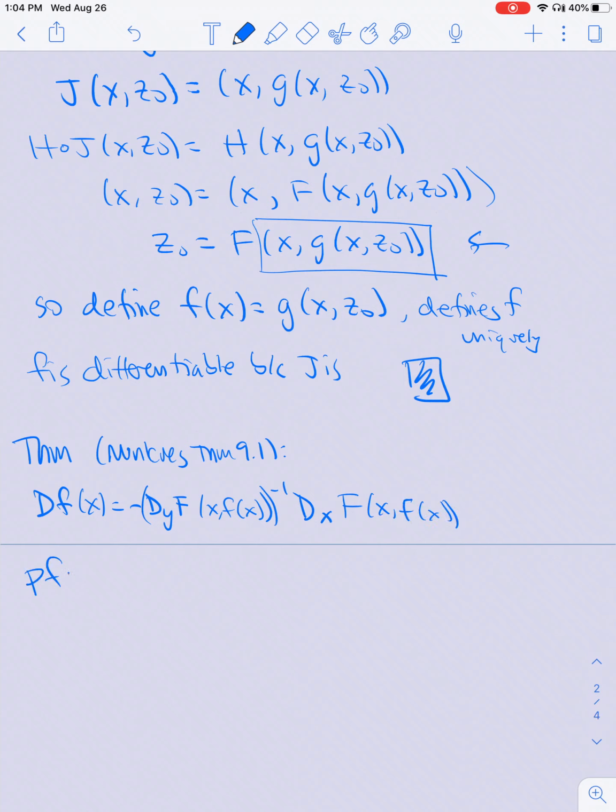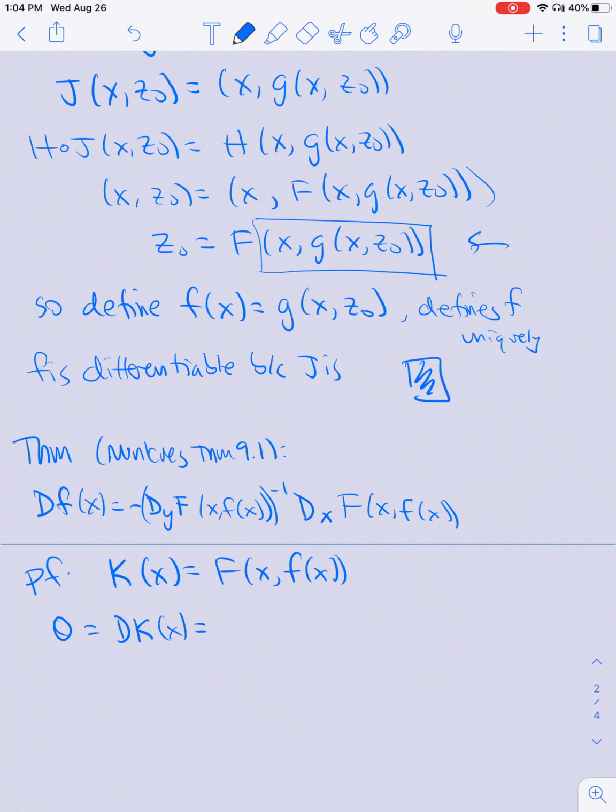So this proof is just a computation. I'm going to define another auxiliary function, k of x is equal to f of x, little f of x. And this function is constant. So I can take dk at x, and that has to be the zero matrix.